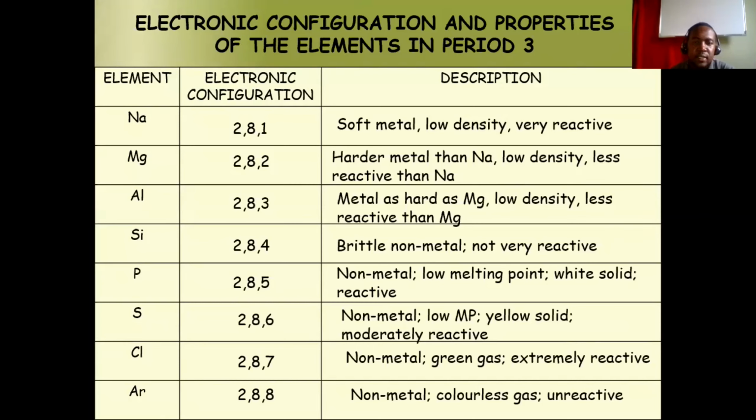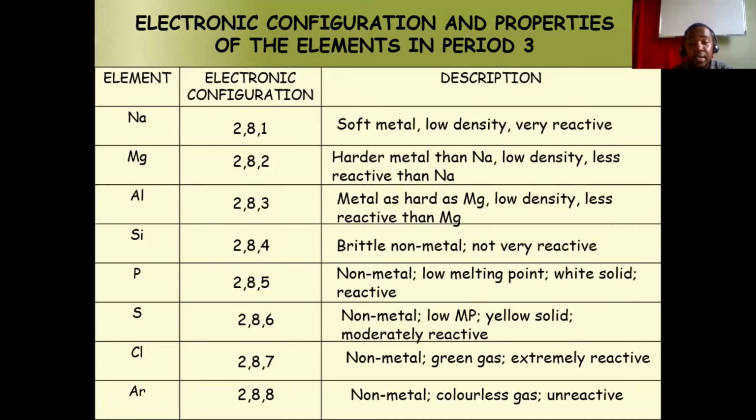Silicon is brittle, it's a non-metal, not very reactive. Phosphorus is a non-metal, low melting point, white solid, and it's reactive. Sulfur is a non-metal, low melting point, yellow solid, moderately reactive. Chlorine, non-metal, is a green gas, it's extremely reactive. Argon is a non-metal, it's a colorless gas, and it's non-reactive.